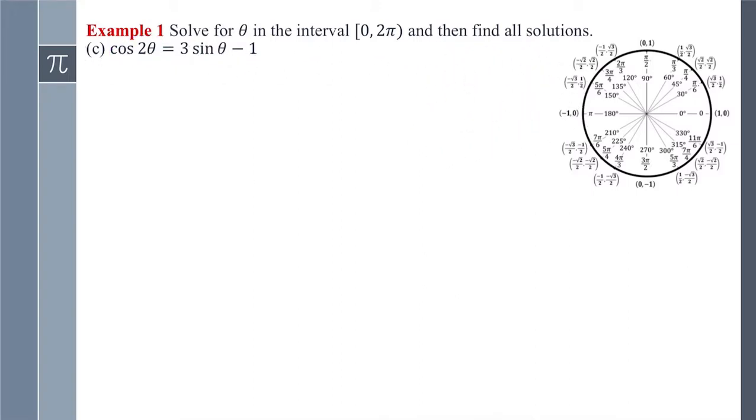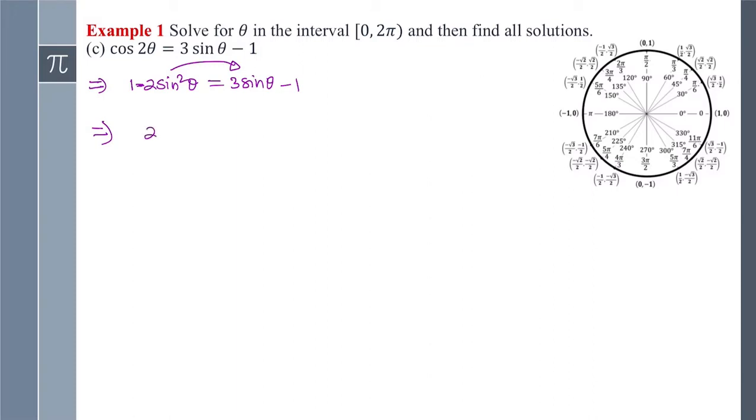Okay, so we will write cosine 2 theta is 1 minus 2 sine squared theta equals 3 sine theta minus 1. Let's take this on the other side because we have this negative here for sine squared. So let's make it positive. Let's take everything on the other side.